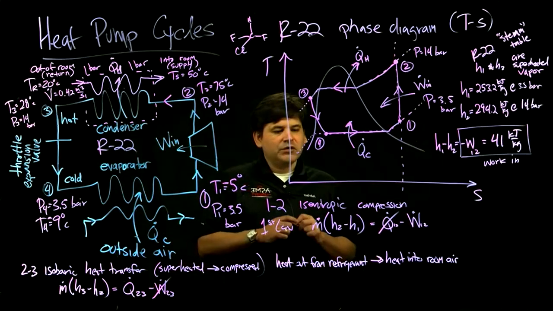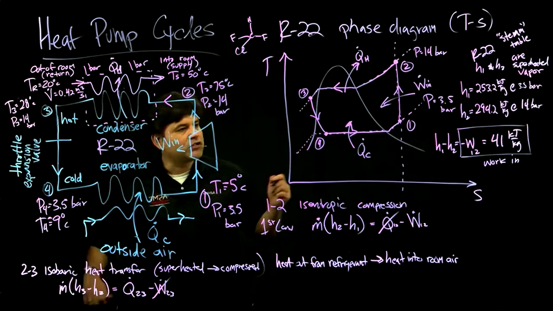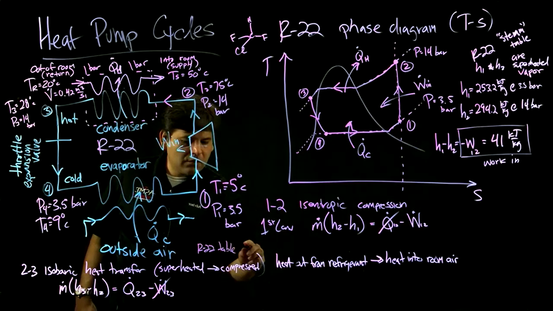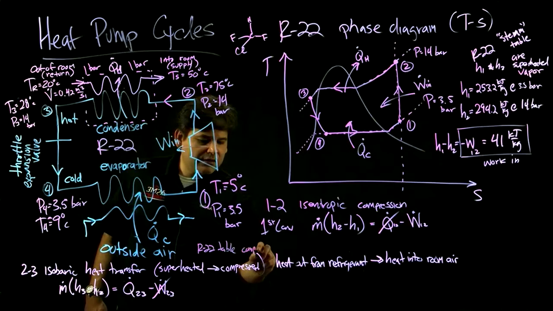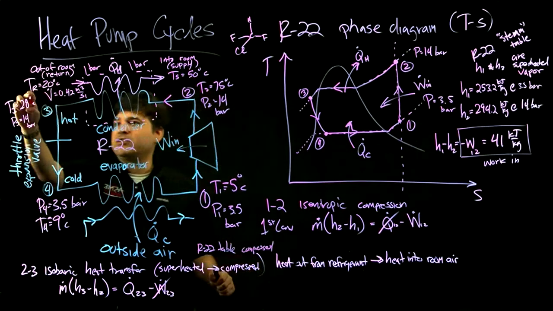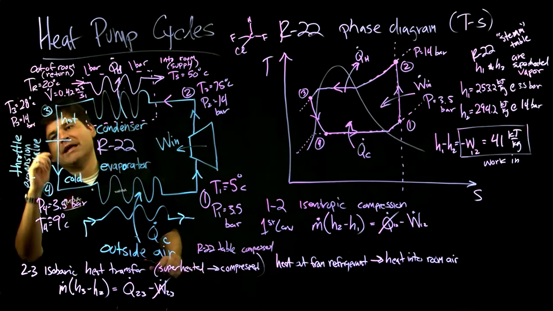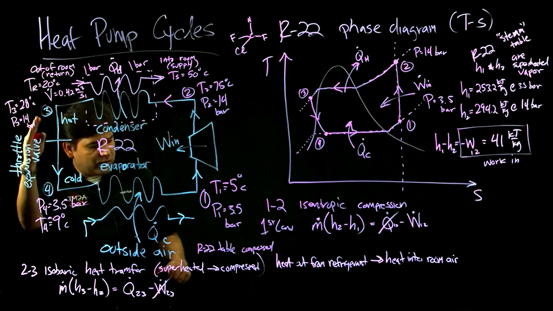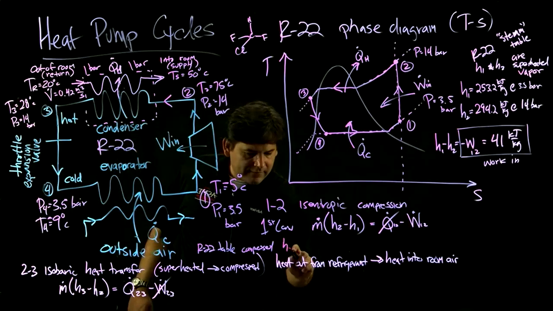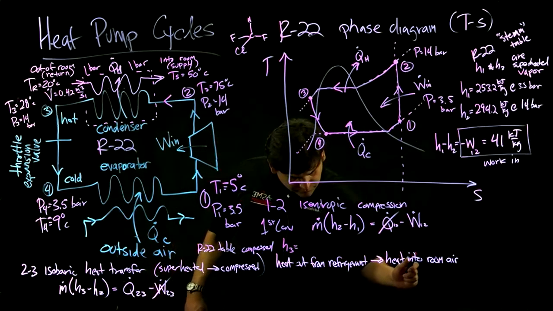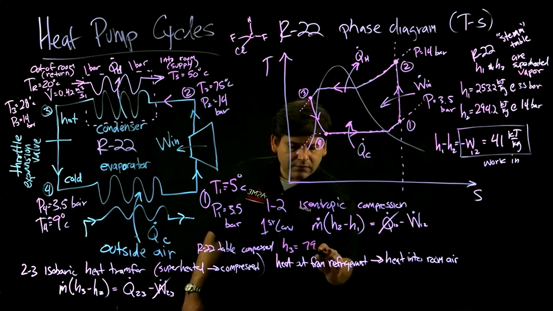So if we were to look at the R22 table for compressed liquid, we would find that at this temperature, at this pressure, the R22 is at compressed liquid state. That would give us H3 equals, what is it, 79 kilojoules per kilogram.